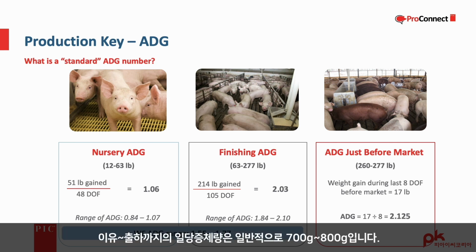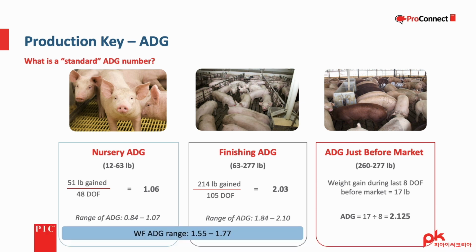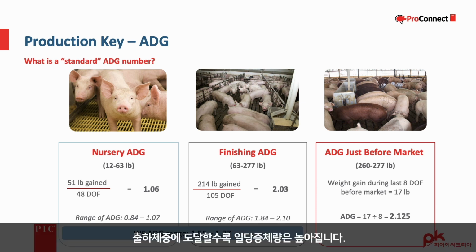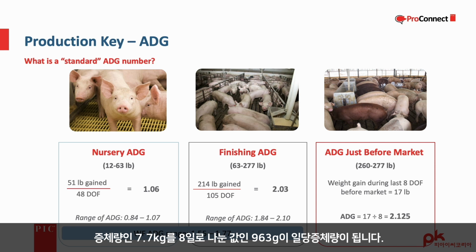In a wean-to-finish setting, a range of 1.55 to 1.77 pounds of gain per day is typical from weaning to market. As pigs get closer to market weight, the average daily gain increases. In the example, just before market, the pig gained 17 pounds during the final 8 days on feed. When we divide the 17 pounds gained by the 8 days on feed, we get an average daily gain of 2.13 pounds.